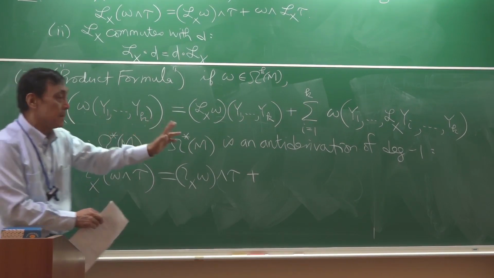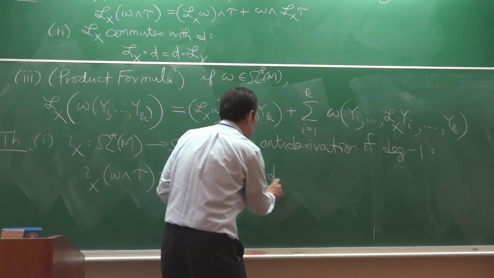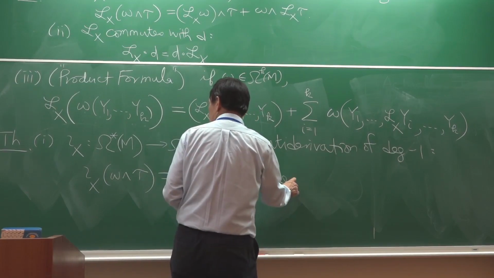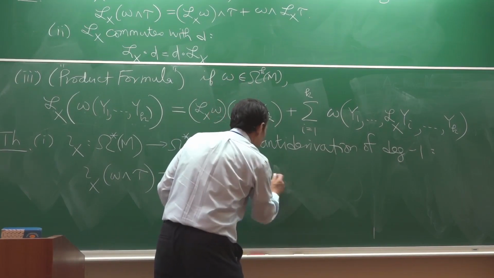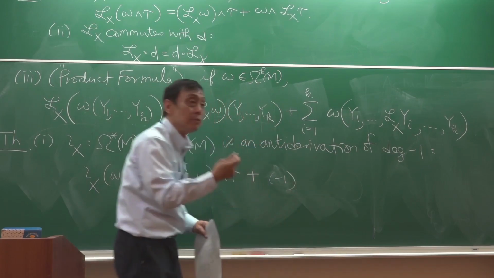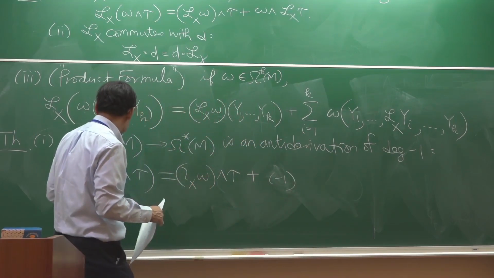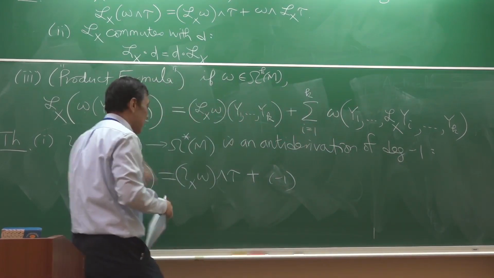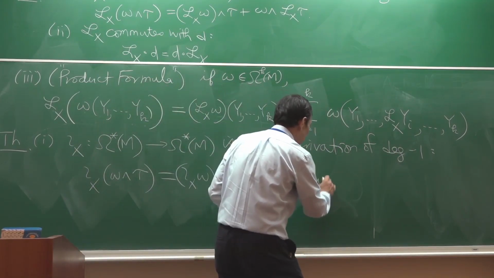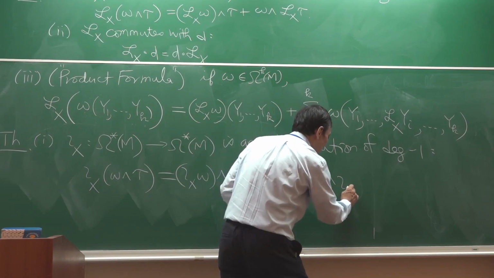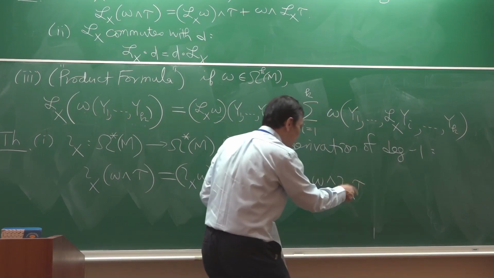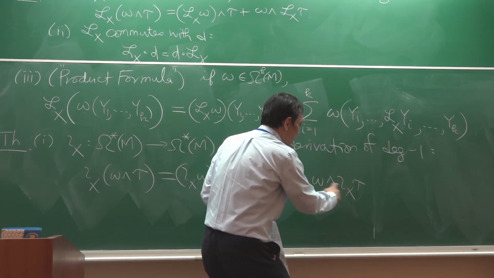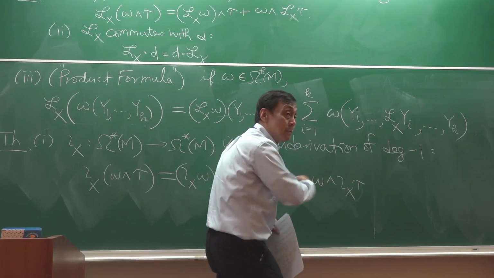So this is degree minus 1, so it should be minus 1 to the minus 1 times the degree of omega, because I'm going to move x across omega.